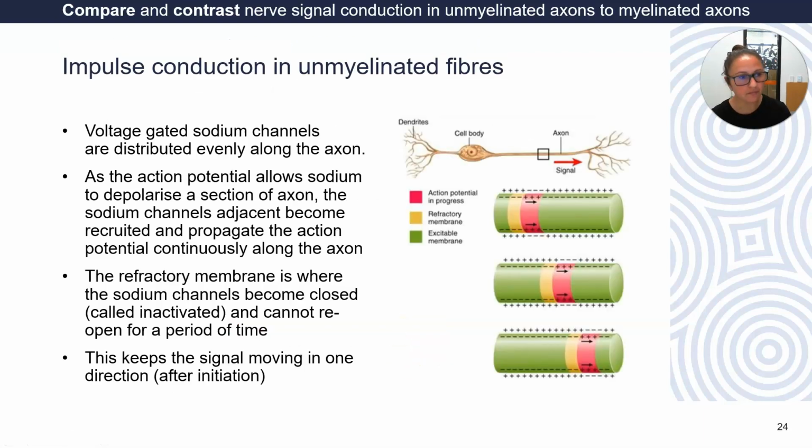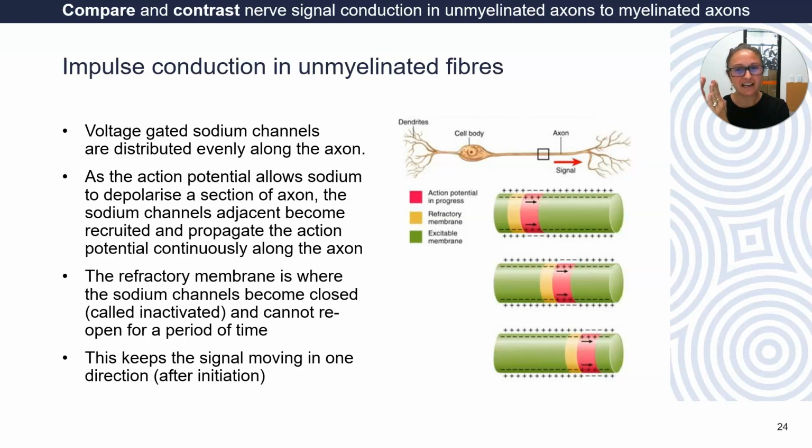So if we look at these voltage-gated sodium channels, they live all the way along unmyelinated axons. That causes the signal to travel in a slow way, because when one little bit of the axon becomes depolarized, so it hits -55, that opens up the voltage-gated sodium channels just next to it.